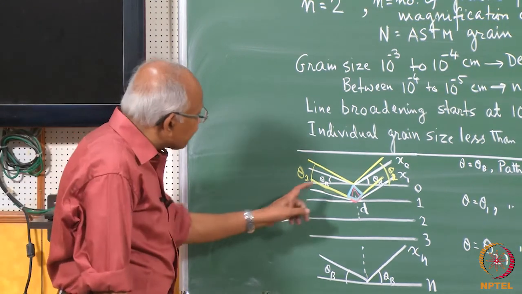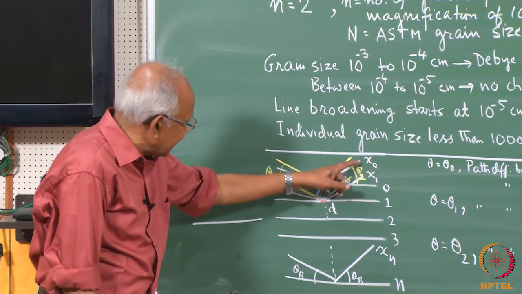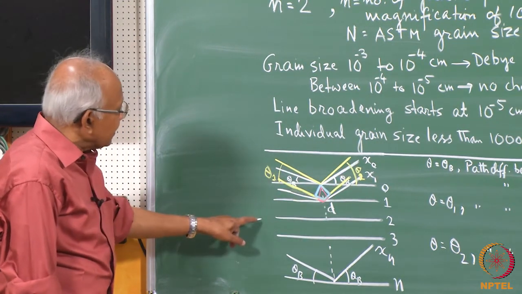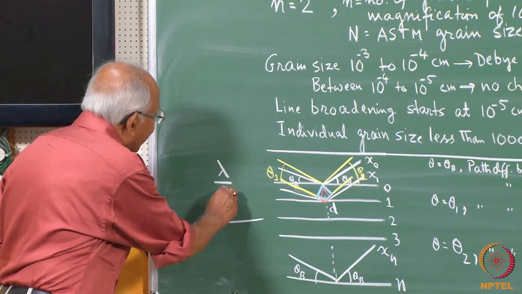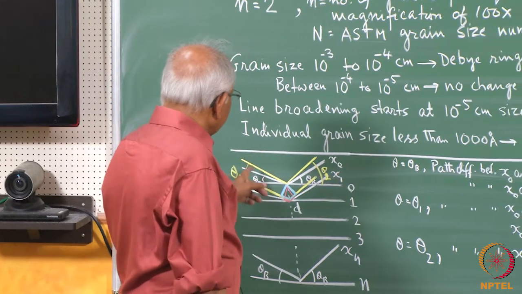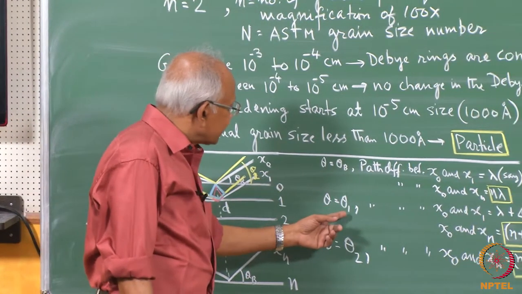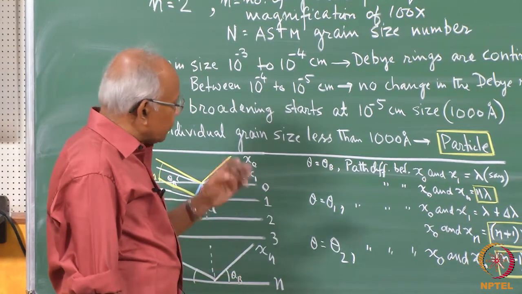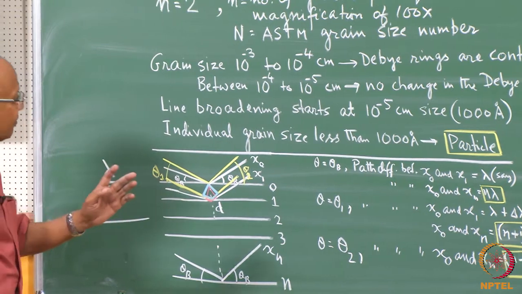The path difference between the rays from the 0th plane and the middle plane must be equal to lambda by 2, half lambda. You see that due to the increase in the incident angle from theta b to theta 1, there will be an increase in the path difference values.